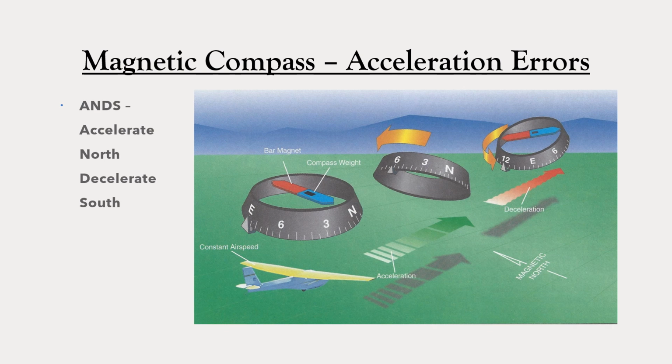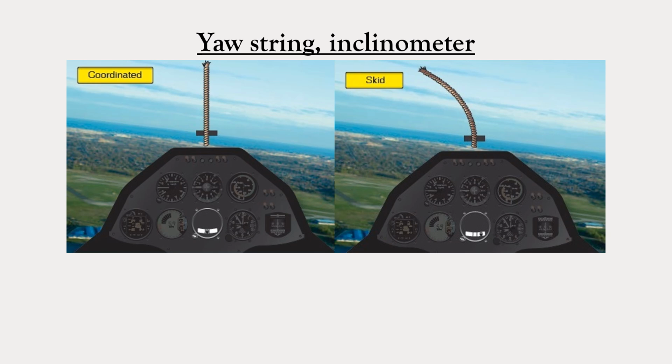If you decelerate, it will turn to the south, or indicate a turn to the south. So the way to remember that pattern is ANDS, ANDS. So when you're making turns by your compass, you have to kind of remember these things. Fortunately, you're usually not accelerating and decelerating a lot while you're making turns.